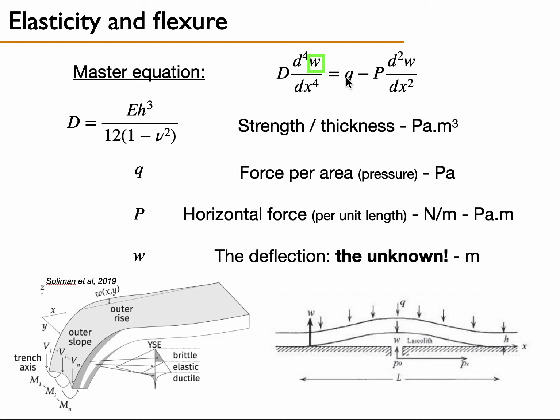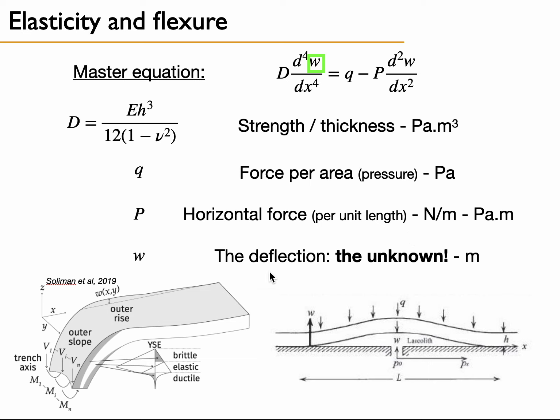On the right hand side, you have Q, which will be a force per area, the pressure, unit Pascal, minus P times second order derivative of W with regard to X. P here will be a horizontal force in unit Newton per meter.